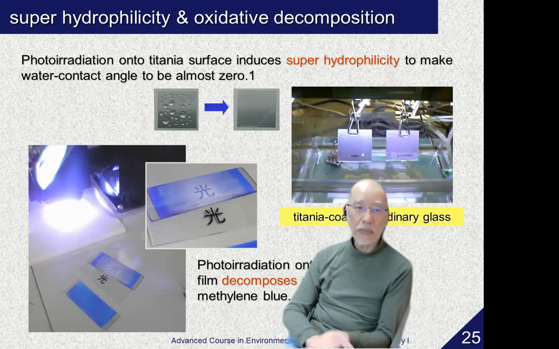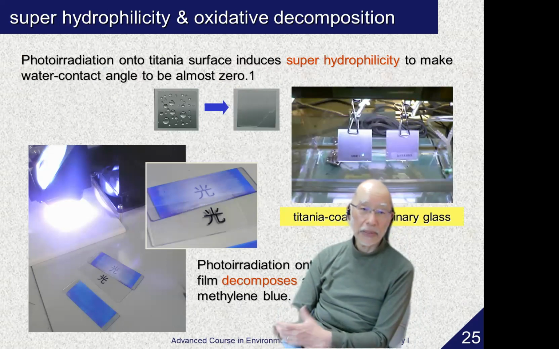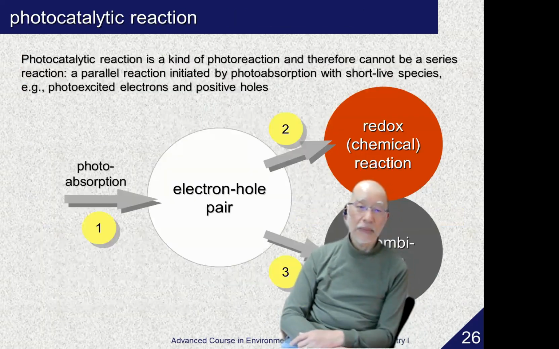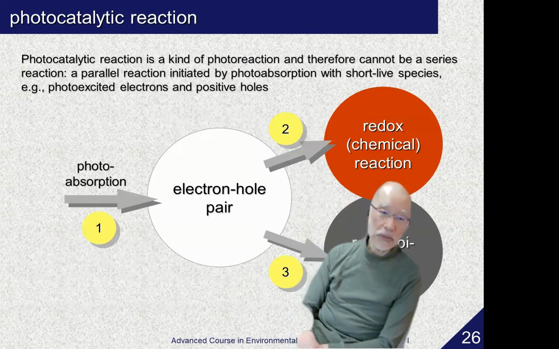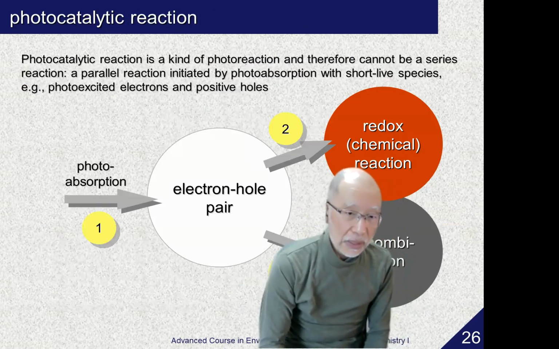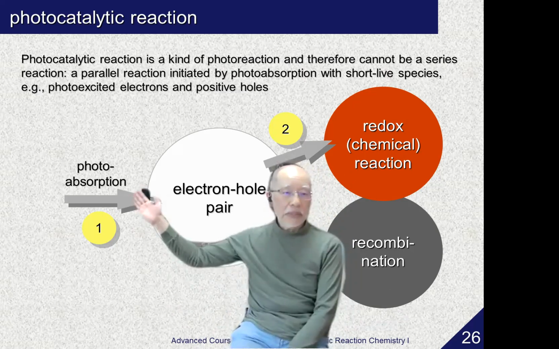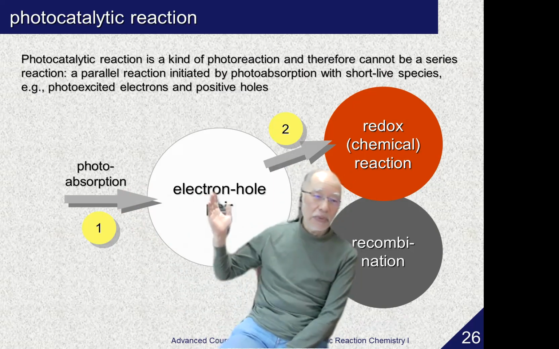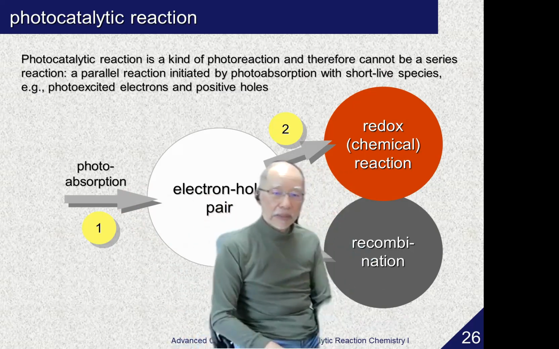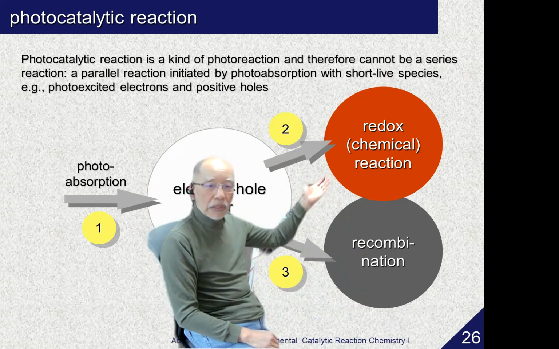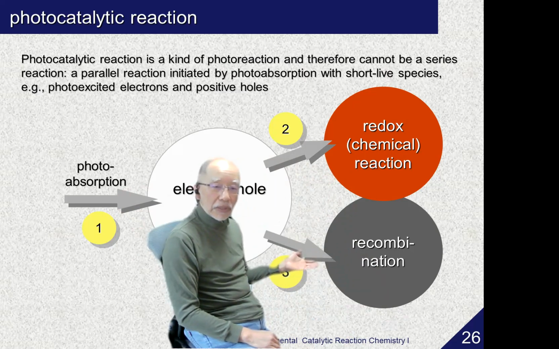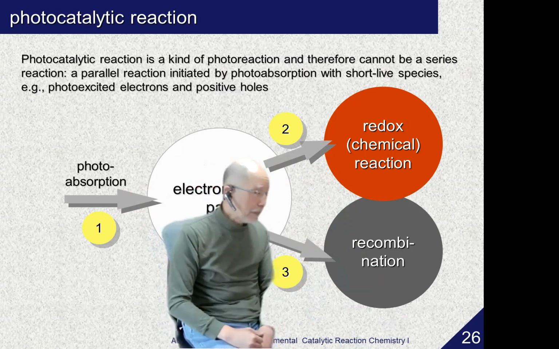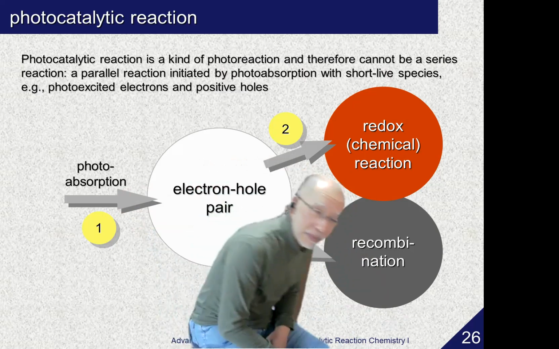So, for example, the practical application of photocatalysis, the superhydrophilicity and oxidative decomposition of organic and inorganic compounds, that proceed through the first one is the photoabsorption, as I told you before. And then that produces electron and hole pair, and that is used for reaction or recombination. That is no reaction happen.